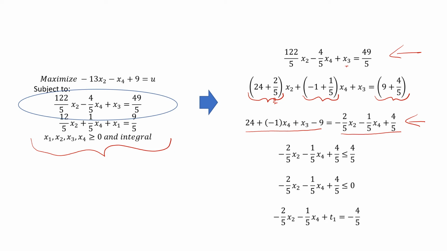So that positive fractional part when we swing it over to the right-hand side becomes negative. So we have a negative number times a variable minus a number times a variable. All of the coefficients in front of the variables on the right-hand side are negative, except for the constant.